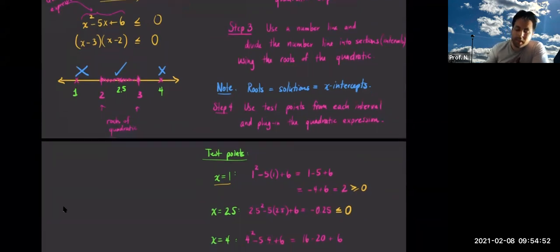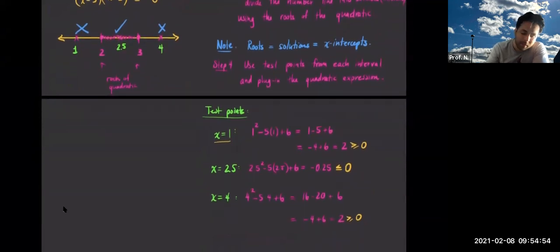So then what would be the final solution to the quadratic inequality?